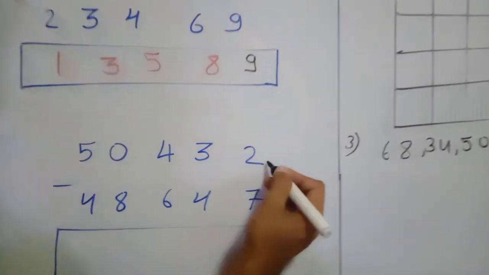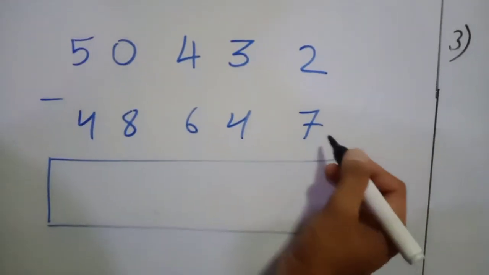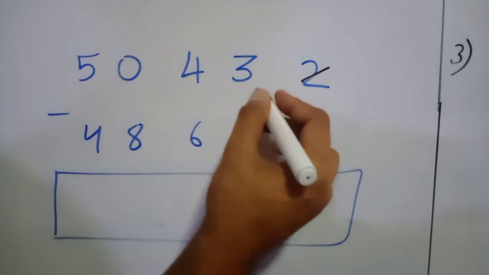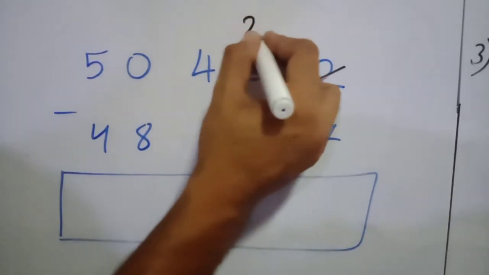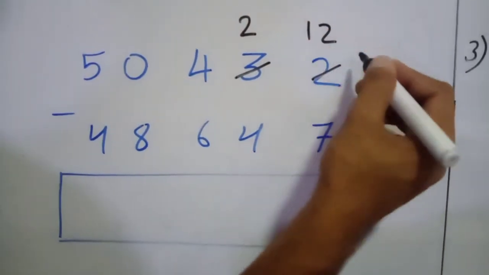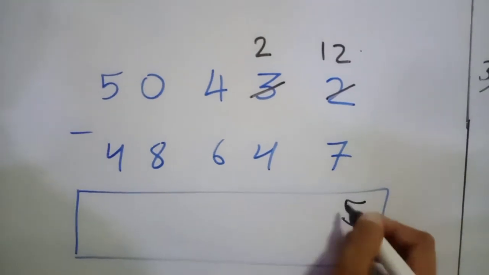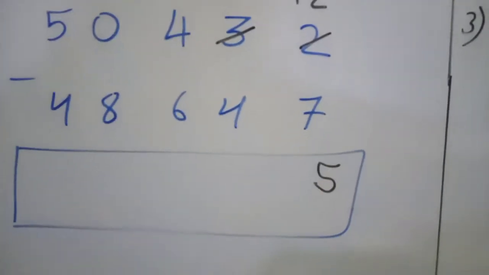Here 2 and 7. We cannot subtract 7 from 2. 2 borrows 1 from this 3. 3 becomes 2 and 2 becomes 12. 12 minus 7, 5. Can we subtract 4 from 2?